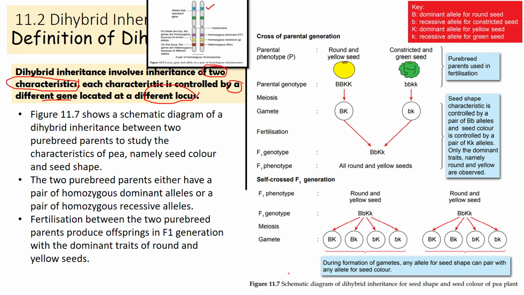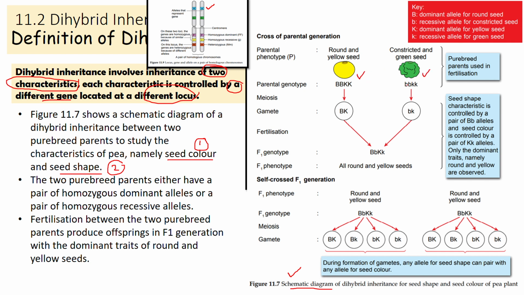So let's look at this figure 11.7. This is the schematic diagram of dihybrid inheritance for these two characteristics, the seed color and the seed shape. And we have the two purebred parents right here.